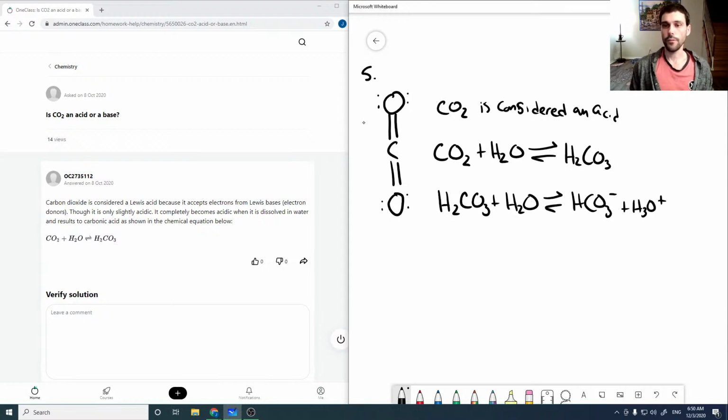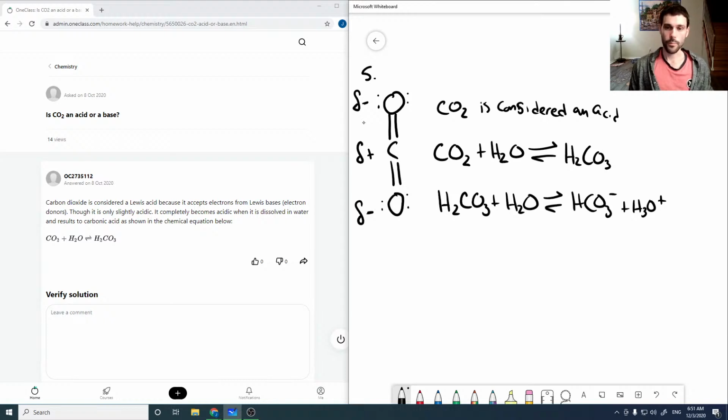And so if you bubble carbon dioxide in water, it will lower the pH, so you'll get an acidic pH. But on top of that, for carbon dioxide itself, oxygen atoms are quite highly electronegative, whereas carbon is not.